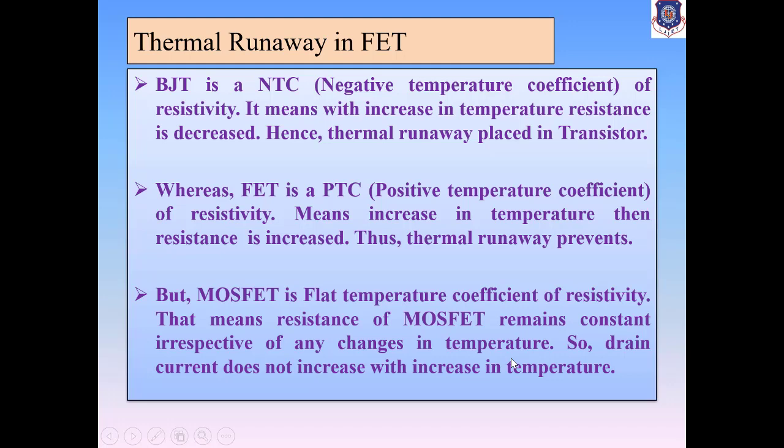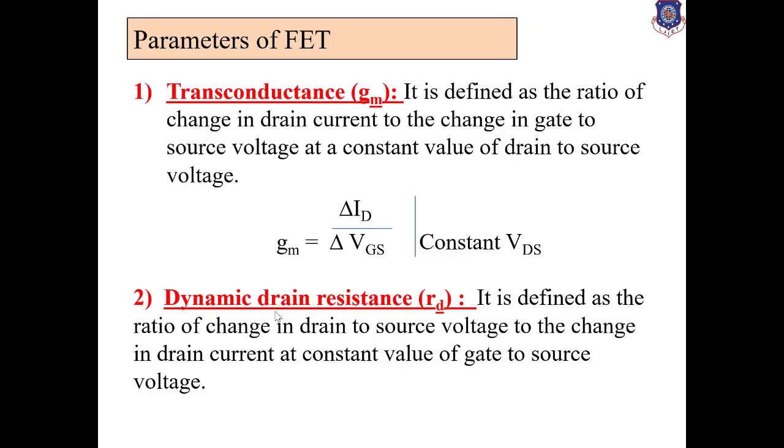It is neither directly proportional nor inversely proportional to temperature. So drain current does not increase with an increase in temperature. Thus, we understood the three main devices, BJT, FET and MOSFET, and the temperature effect on resistivity compared to the other devices, right?